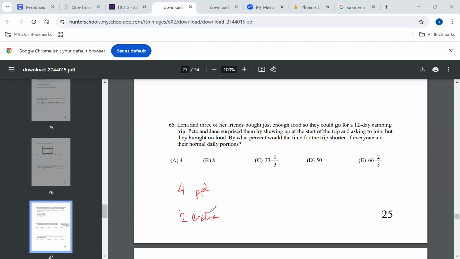By what percent would the time for the trip shorten if everybody ate their normal food rations? So firstly, there's 4 people and they're going on a 12-day trip. So how many daily rations are there? Well, there's 4 times 12, which is 48.